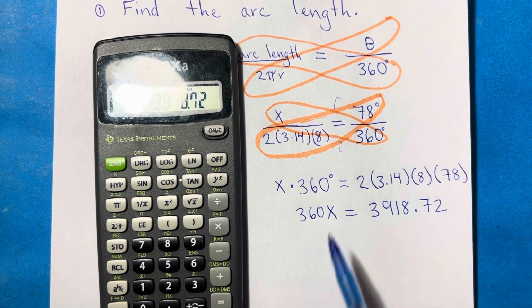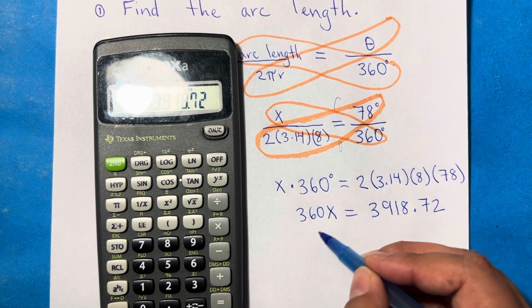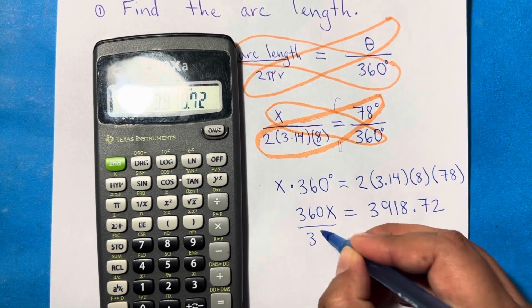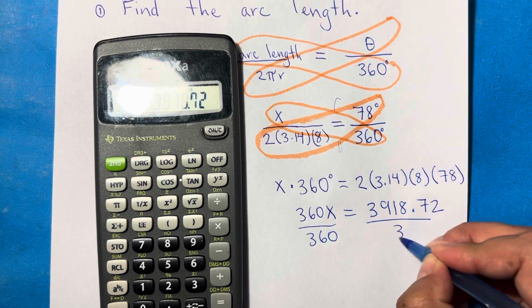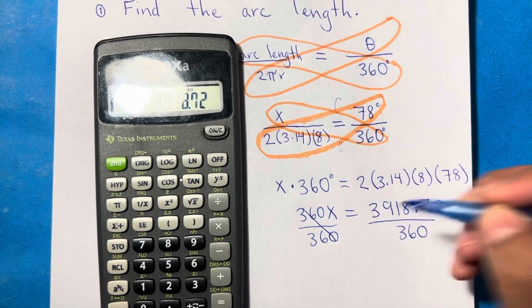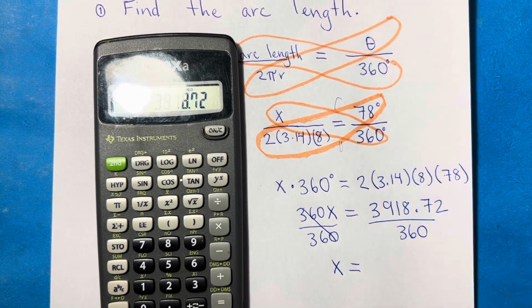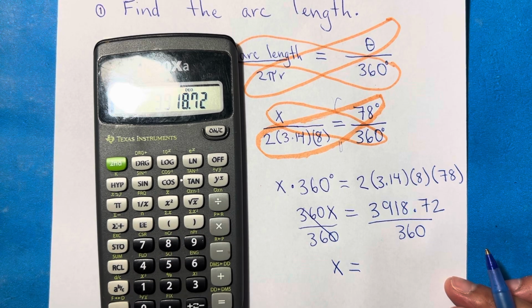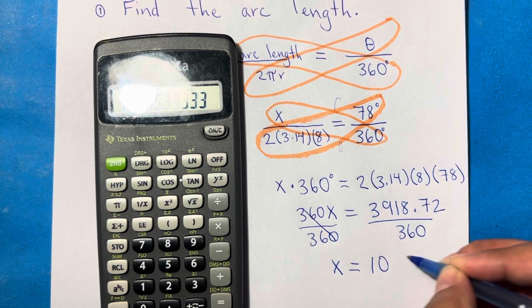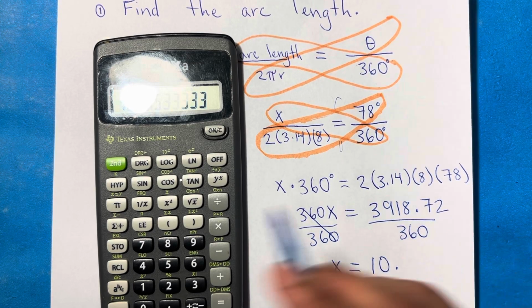Finally, we want to leave x by itself, and if it's multiplying, the opposite is to divide. This cancels, and you get x equals, so divide by 360, and that's 10.88.